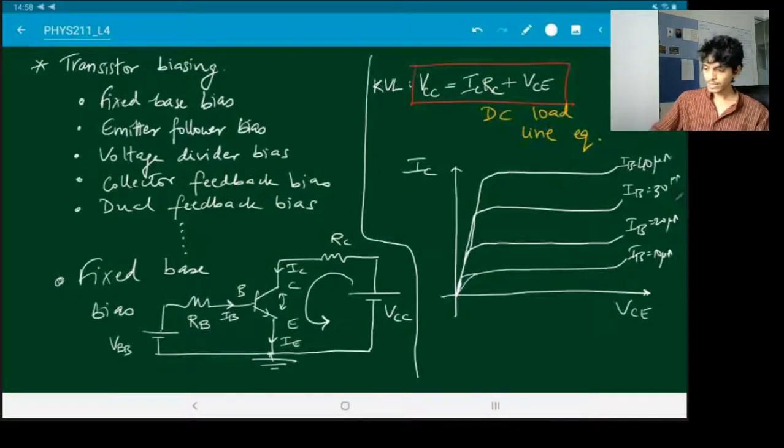Now, if you look at this DC load line equation, this is an equation in VCE and IC. In fact, it's a straight line in these two parameters, and the slope is given by RC. So if you plot this line on this curve, you get something like this.